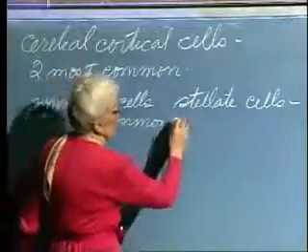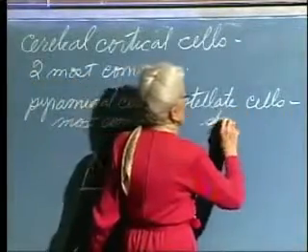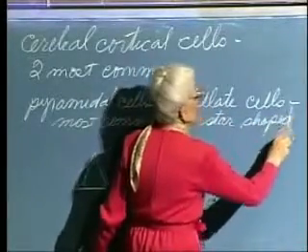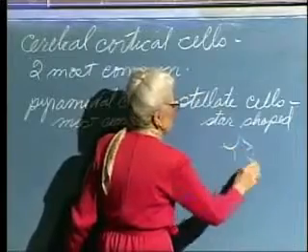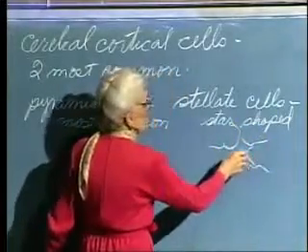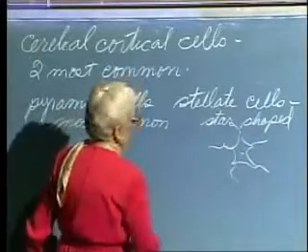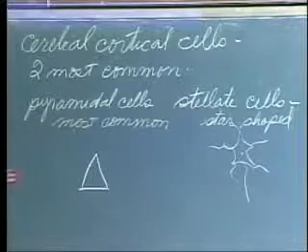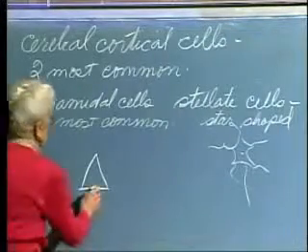And the stellate, as the name implies, they're star-shaped. When you get pictures of them from the slides, they don't always have a whole cell. You get parts, but roughly looking something like that with a short axon. The pyramidal cell has a long axon.